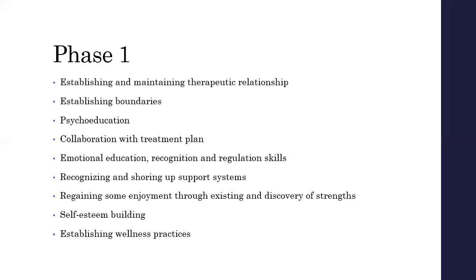In this phase, we begin to develop and build self-esteem, and it is important to establish a wellness practice, daily wellness and self-care activities for both the client and the clinician in this phase. The goal of this phase, again, is to provide safety, stabilization, skill building, and emotional regulation.